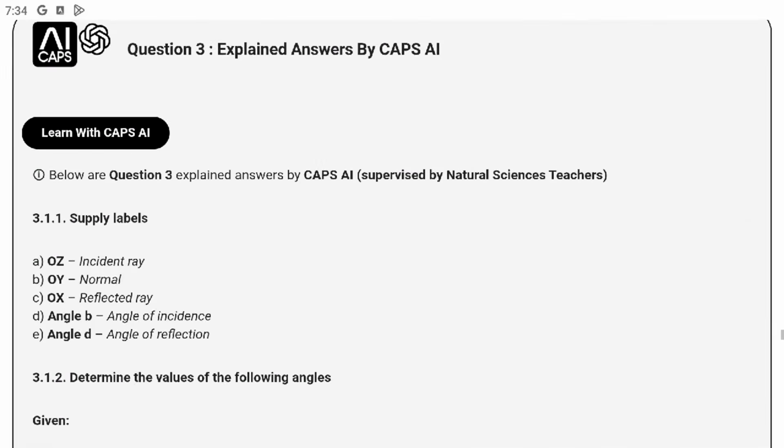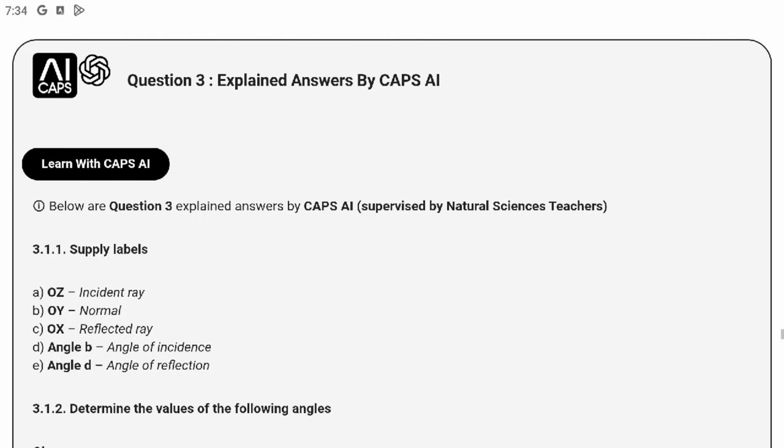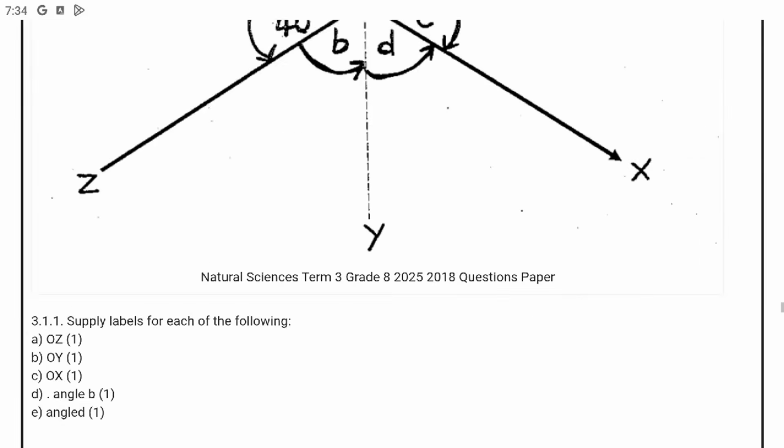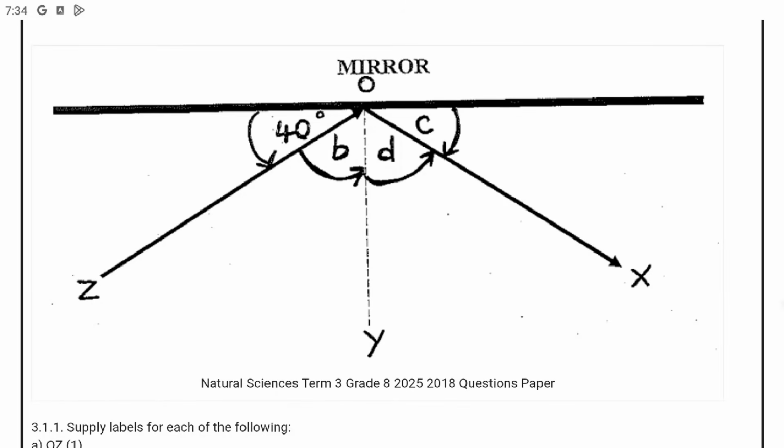So, okay, OZ is the incident ray. Let's take a look at it. OZ also has a 40 degree angle, which is the incident ray.